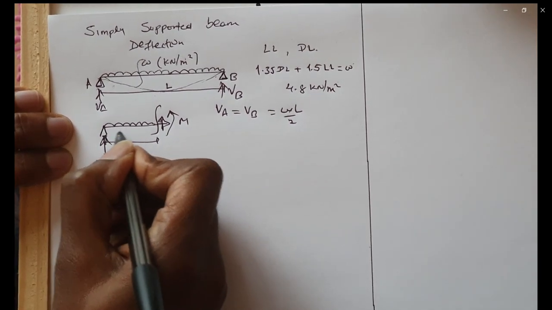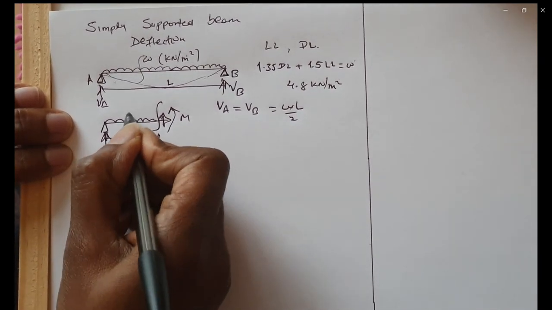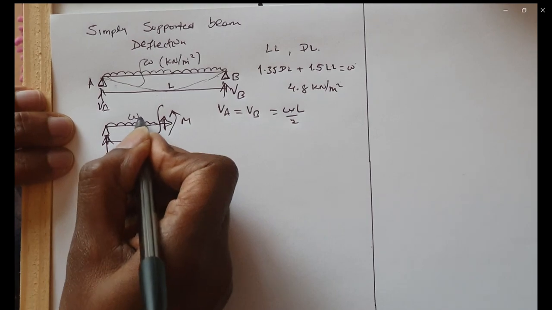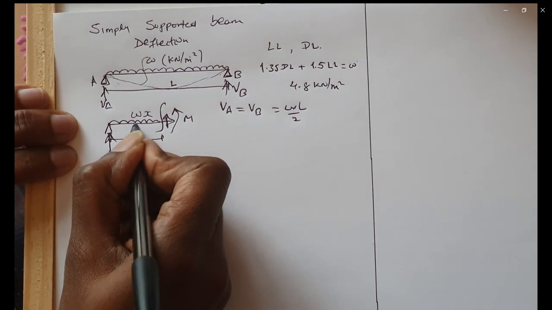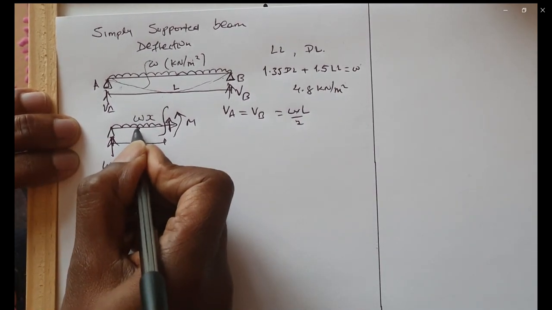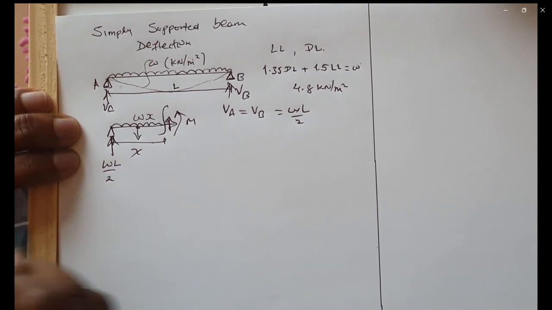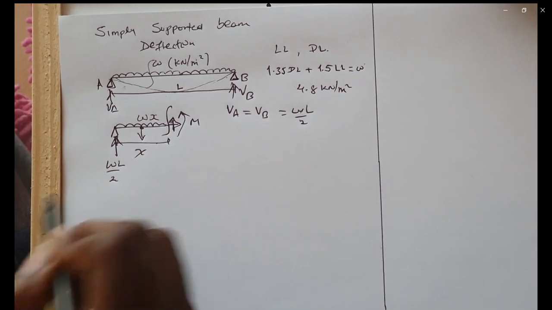Then we've got the X distance. There is this load, which is W times X. We apply that at the center to cause a bending moment at the cross section.